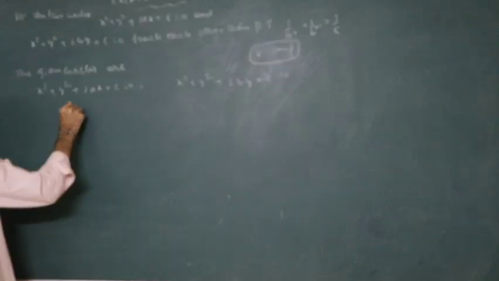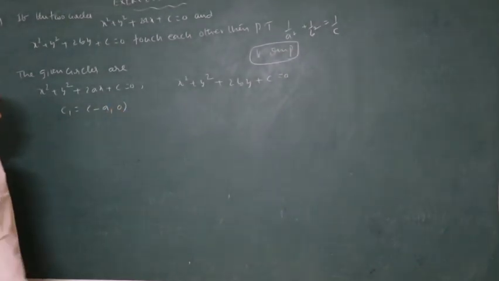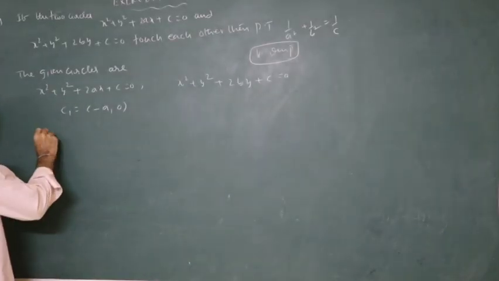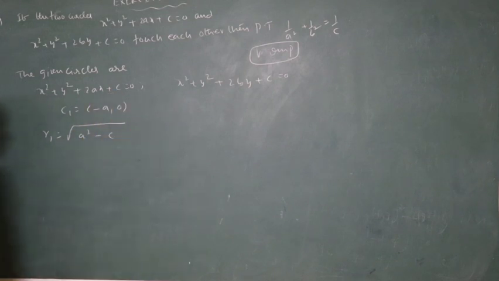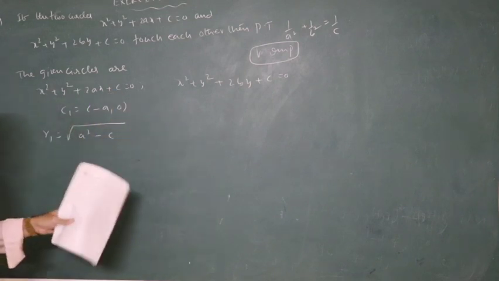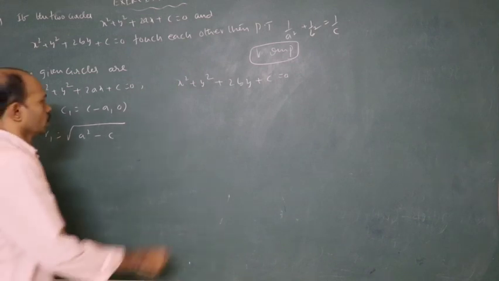What is center 1? Minus g, minus f. And what is radius 1? Root of g square plus f square minus c. You know very well from the above solution, so I am writing directly. What is center 2?